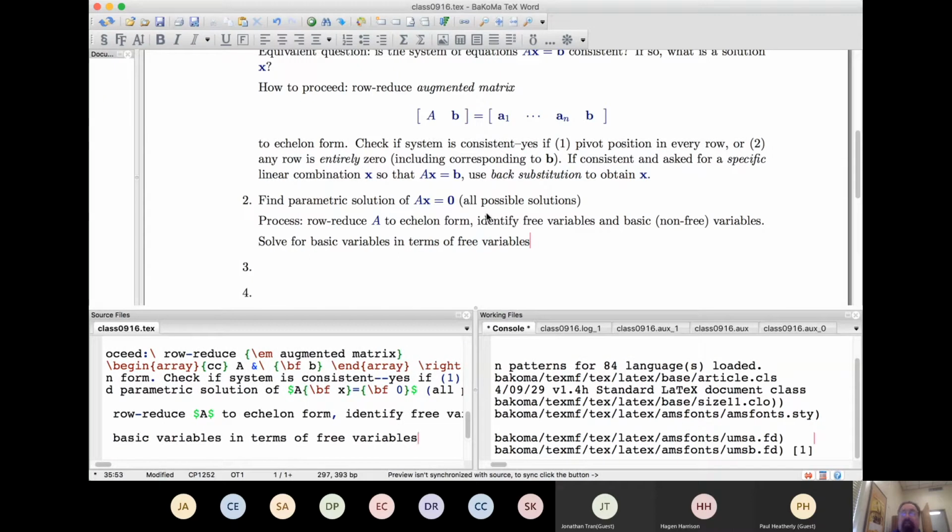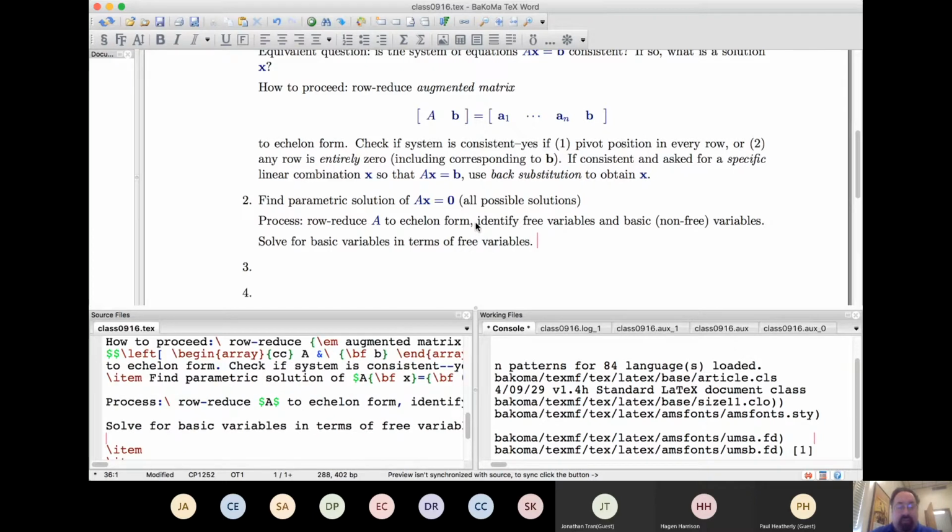So for instance, if you have 4 variables in total, and x3 and x4 happen to be free, then you're going to express x1 and x2. So the formulas for x1 and x2 will involve x3 and x4. So the free variables become your parameters in this parametric solution.